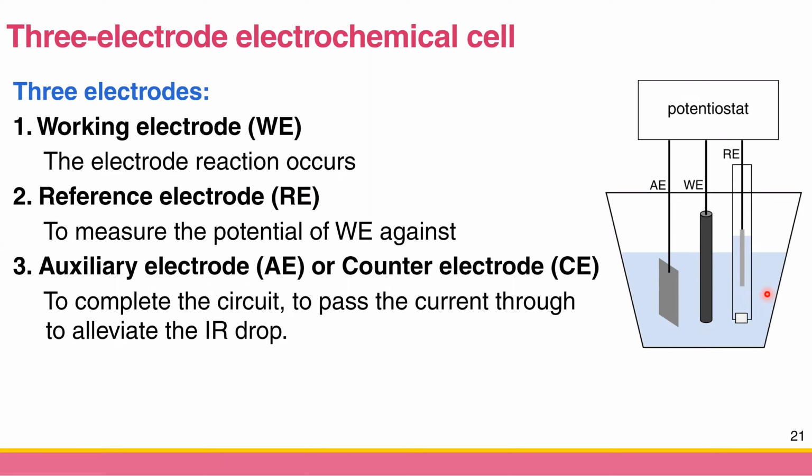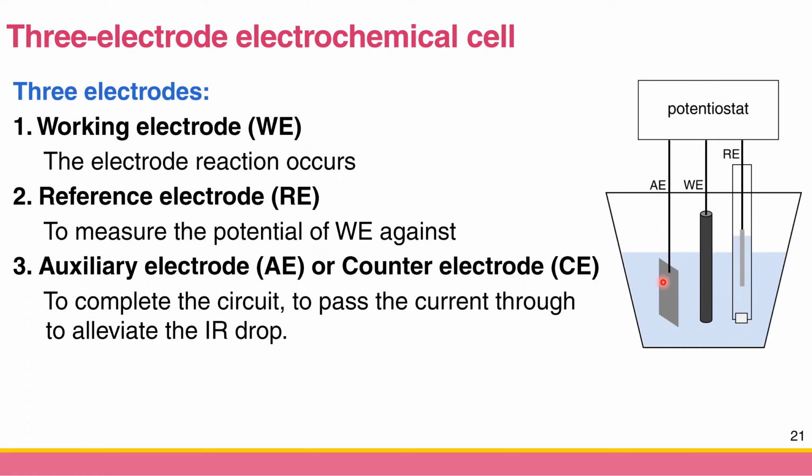But now, if you can direct the current to flow between the working electrode and the auxiliary electrode instead of the reference electrode, then you can have an accurate readout of the voltage, because the circuit between the working and the reference electrode will not have current, which means you can alleviate or eliminate the IR drop by using the third electrode.